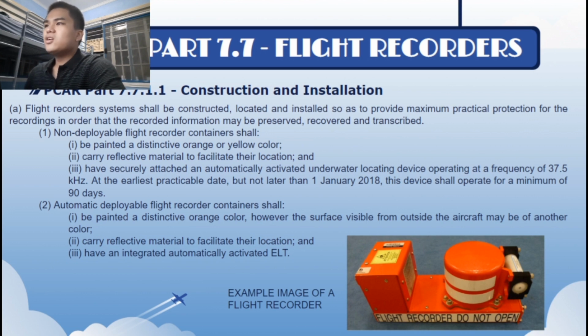There are different color codings for the types of flight recorders. First is the non-deployable flight recorder. This must have an orange or yellow color, while an automatic deployable flight recorder must also be yellow or orange, and must have an automatic and activated ELT or emergency locator transmitter.